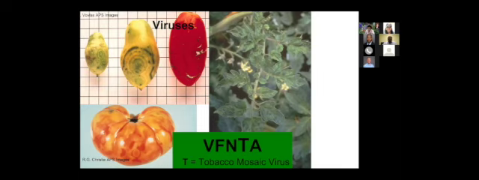Tomato spotted wilt is thrips transmitted, and tobacco mosaic is transmitted through infected seed or by handling plants after using tobacco products without washing your hands thoroughly first. So if you have workers that work in your high tunnel or your greenhouse and they're smokers, they can very, very easily spread tobacco mosaic to your plants.